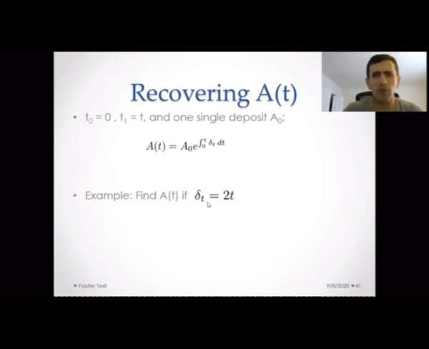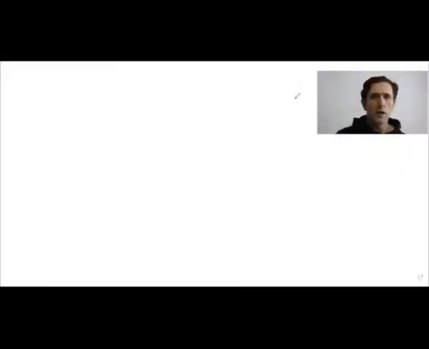So for example, in this case, where we have one single deposit at t equals 0, let's find what A of t is if delta of t is equal to 2t. Okay, so if the force of interest delta t is 2t, then just dump into my formula.